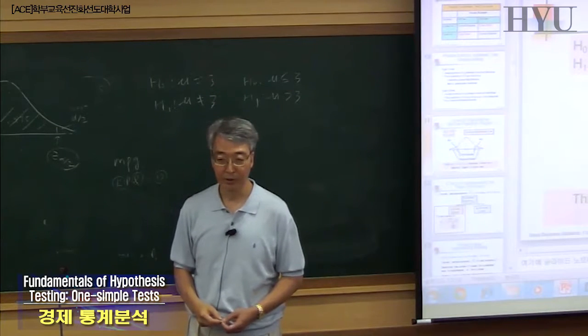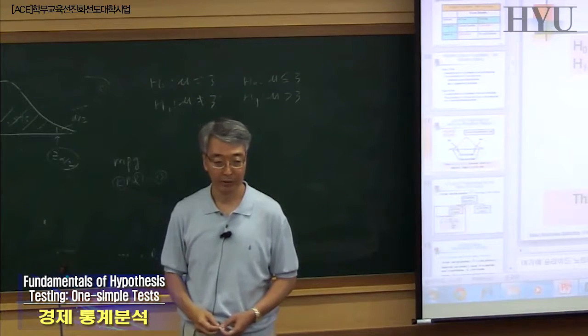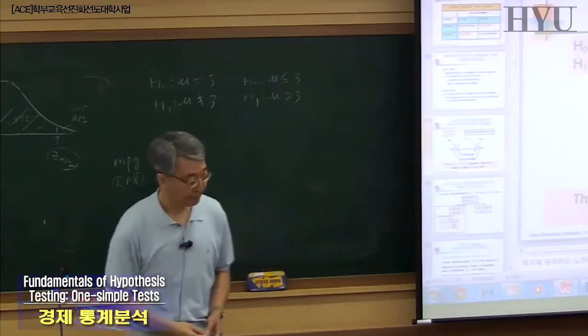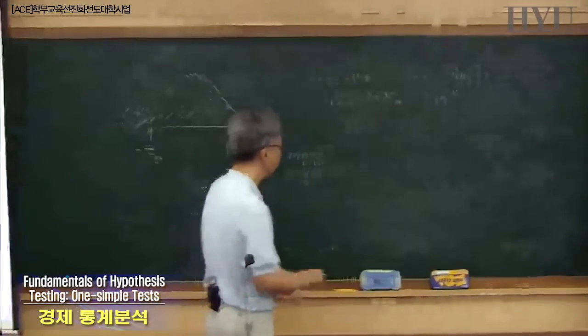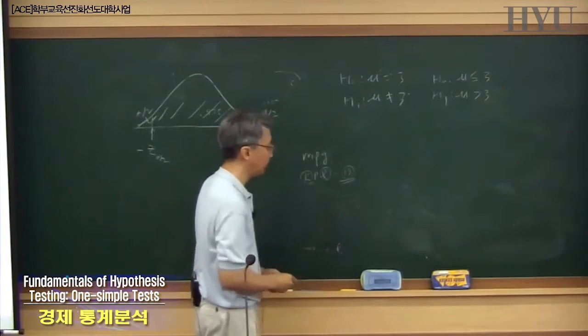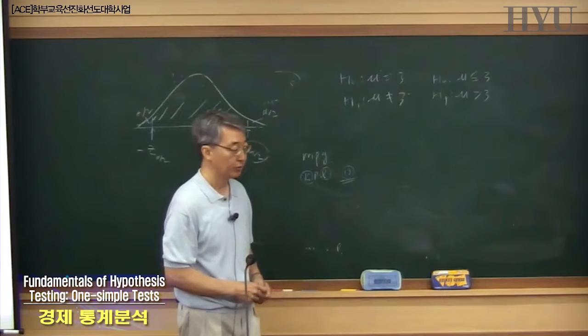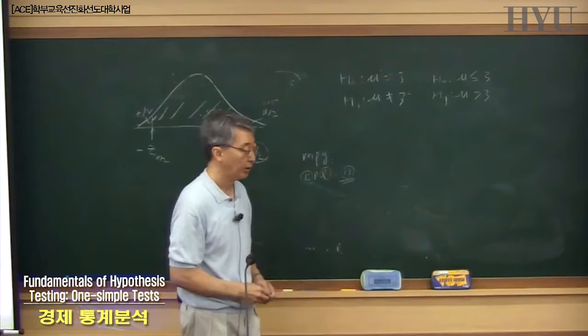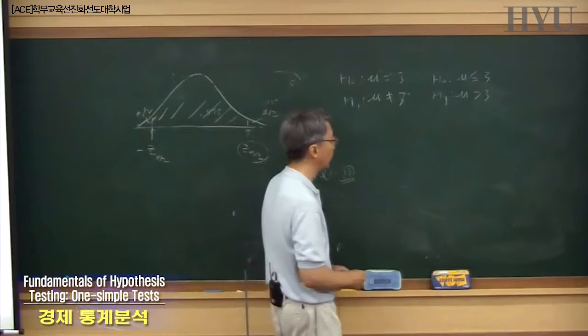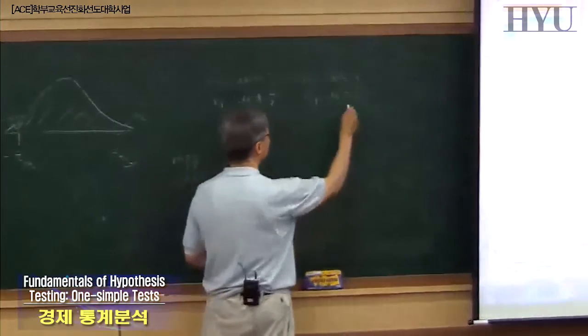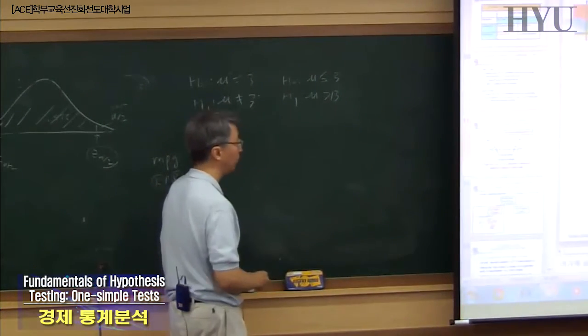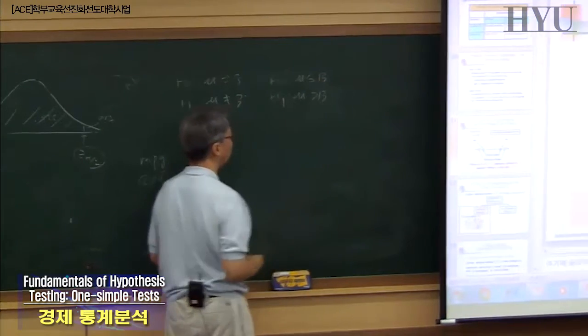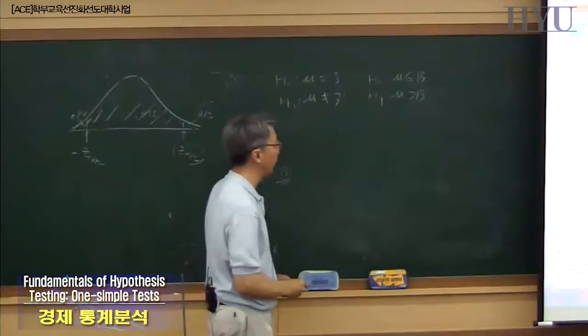Is that good fuel economy? All right. So if the car company claims that you can go 13 kilometers with 1 liter of fuel, then you want to test. Is that true, right? So on average, really, is it greater than 13 or less than or equal to 13?